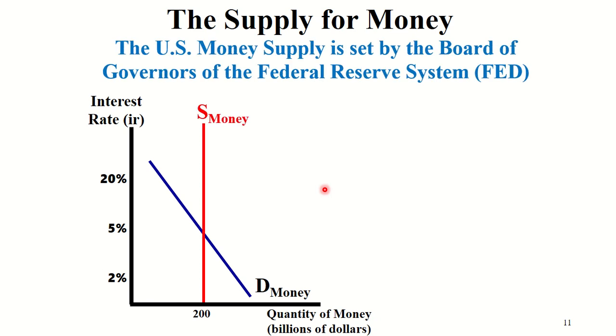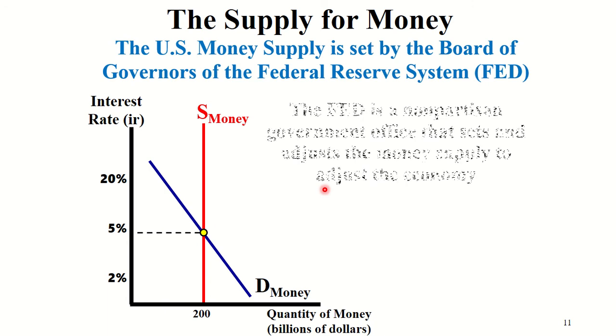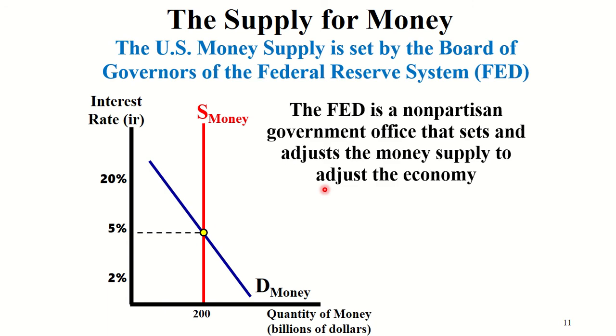The supply of money, right? The supply of money is set by the Board of Governors at the Federal Reserve System, okay? And we will talk a lot about this in future videos because this will be monetary policy, right? And we'll talk about the differences between monetary and fiscal policy. So the Fed Reserve, right, is a nonpartisan government office.